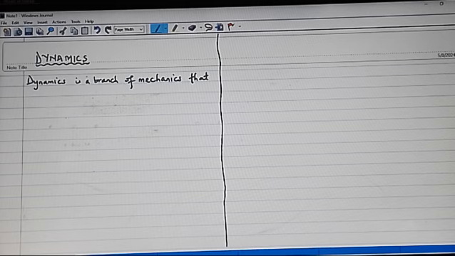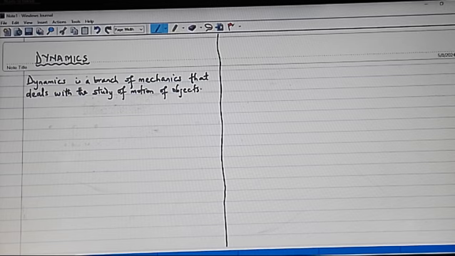Dynamics is a branch of mechanics that deals with the study of motion of objects.